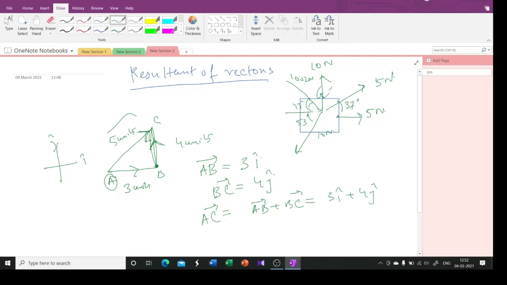We minimized them into a single vector that has the same effect as these other two vectors. The main point of having a resultant vector is that it has the same effect as multiple vectors in play, so that if we have multiple vectors in action, we can condense them into a single vector and life becomes easier for us in a way. So that is the main point regarding why the resultant of vectors is important.